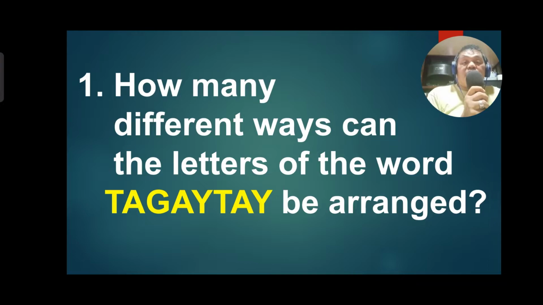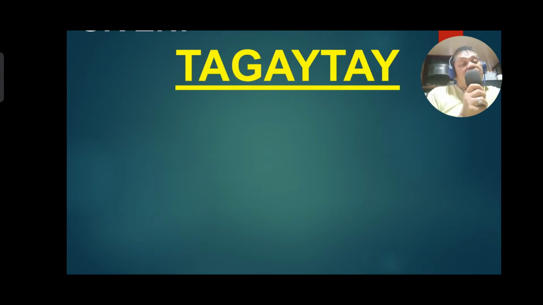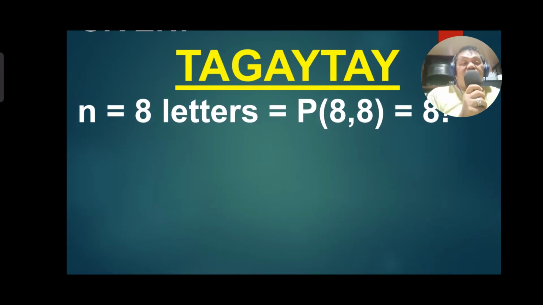Number 1: how many different ways can the letters of the word Tagaytay be arranged? How many letters has Tagaytay? There are 8 letters, and that would be our n.